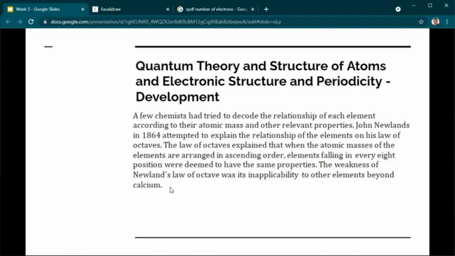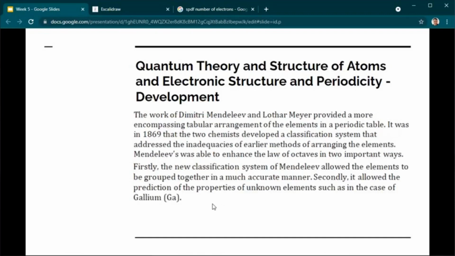The weakness of Newlands' law of octaves was its inapplicability to other elements beyond calcium. So it was discarded.